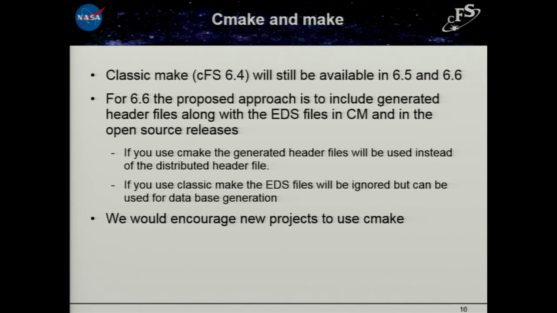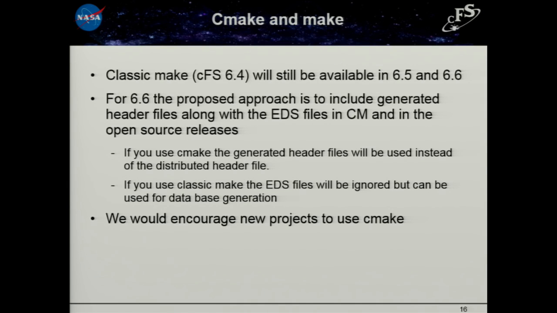So the proposed approach here is to include both, such that you can generate the files from EDS, which will then override the handwritten files, but will continue to support the existing Make by essentially checking in the output of the tool, such that the classic make will continue to work for this release.